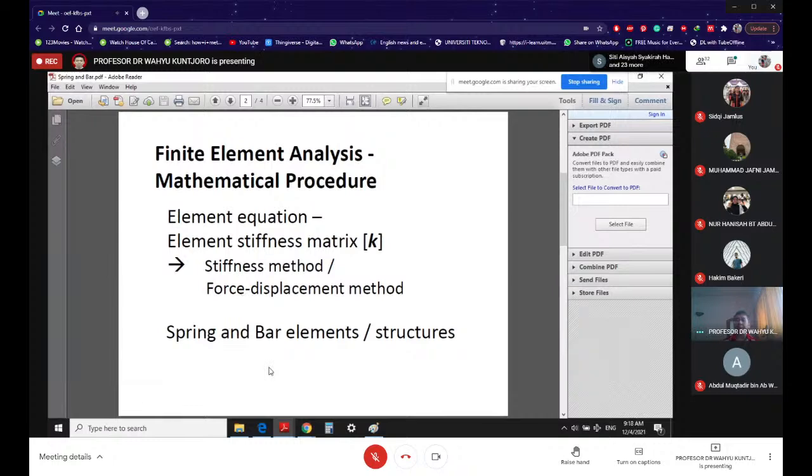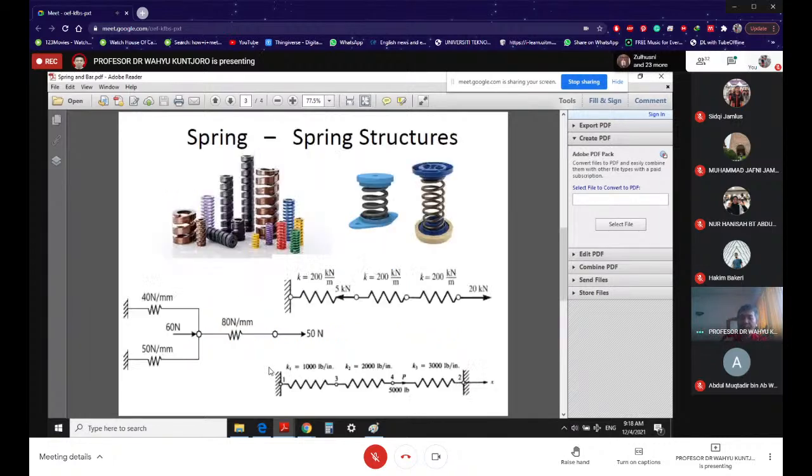And the method that we are going to use is what we call the stiffness method, or normally I call it the force displacement method. It's only a name. Right. So that's what we try to do. Spring and bar. We are going to start with spring. So what you see over there is spring.